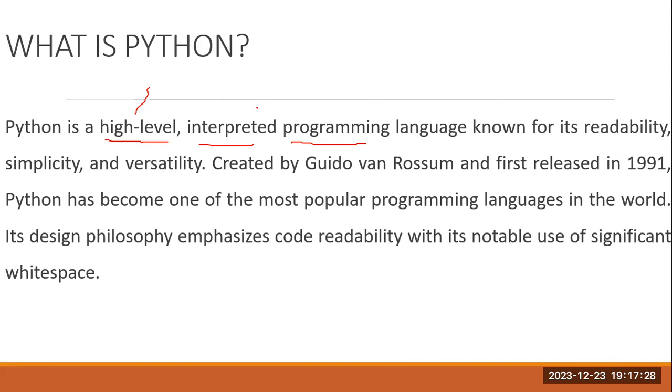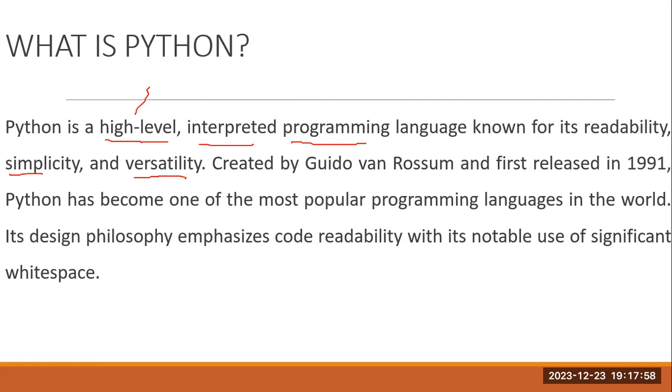And Python is known for its readability, simplicity, versatility. It is very easy to write code in Python as compared to other programming languages. It has a lot of options to choose from to write code for the same problem in different scenarios and different styles.